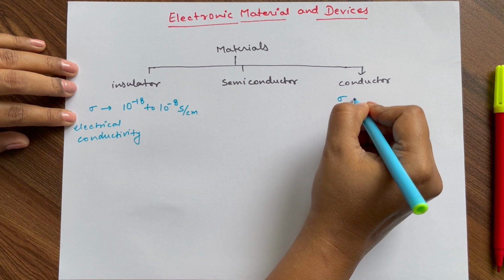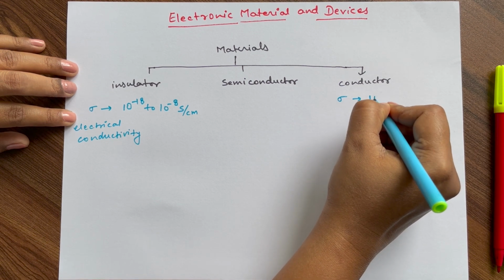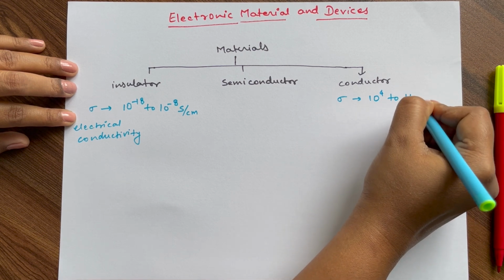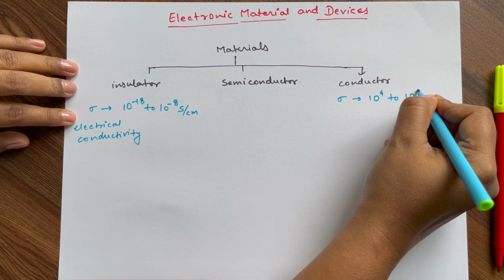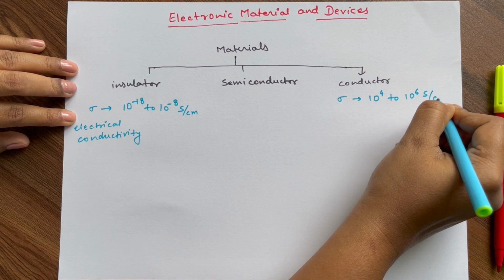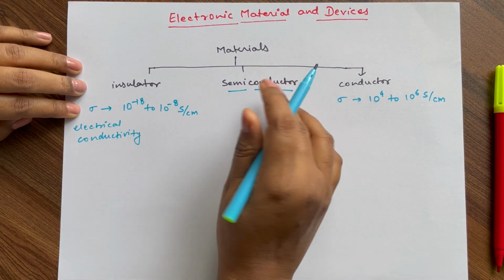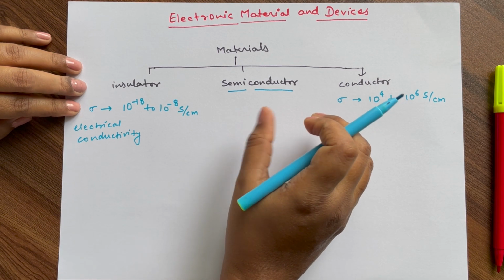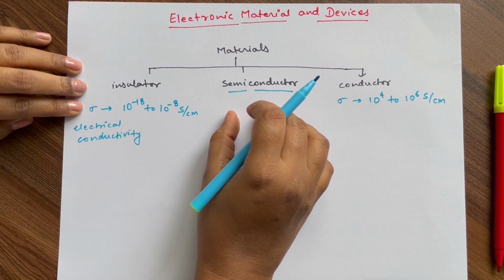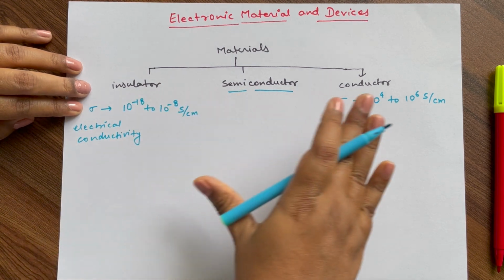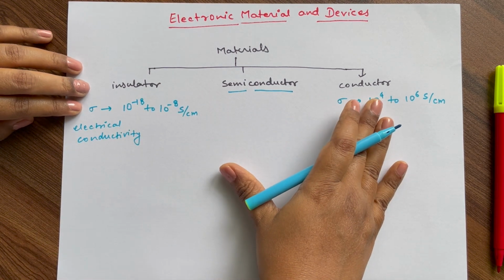The values are 10 to the power 4 to 10 to the power 6 or 10 to the power 8 Siemens per centimeter. This semiconductor material has a very unique property, that its conductivity can be varied between the conductivity of insulator and that of conductor.